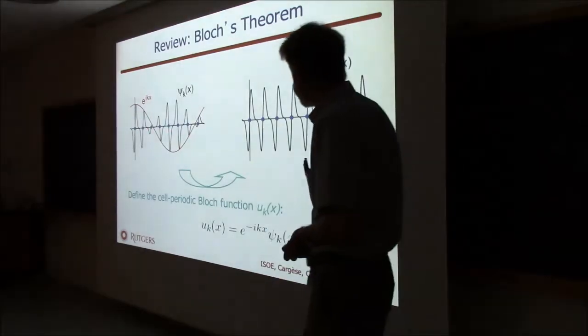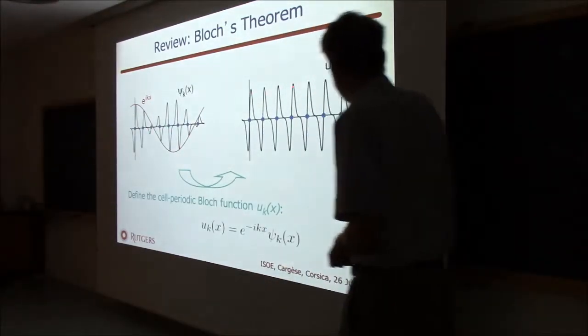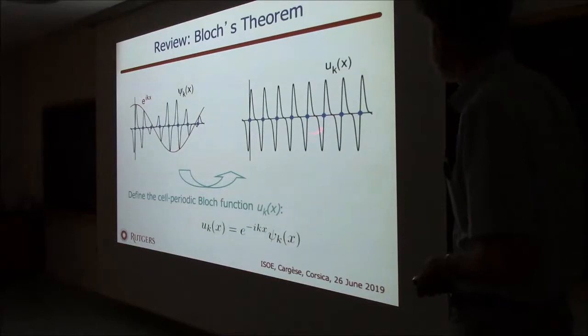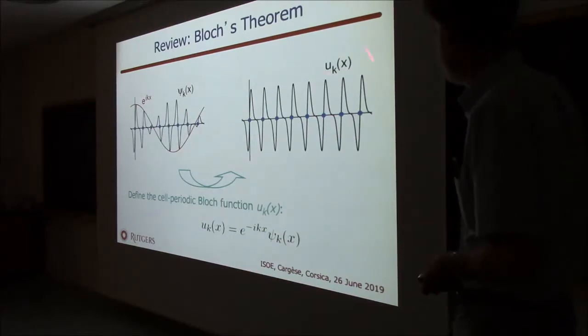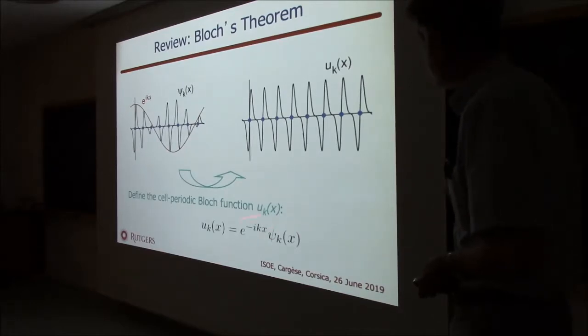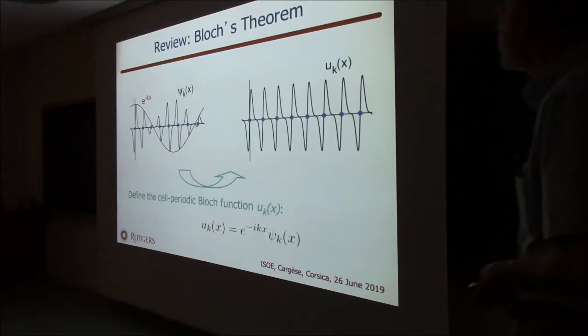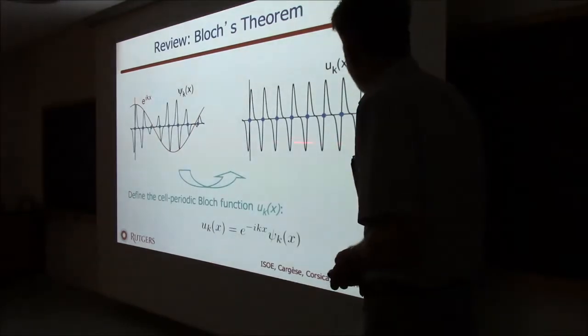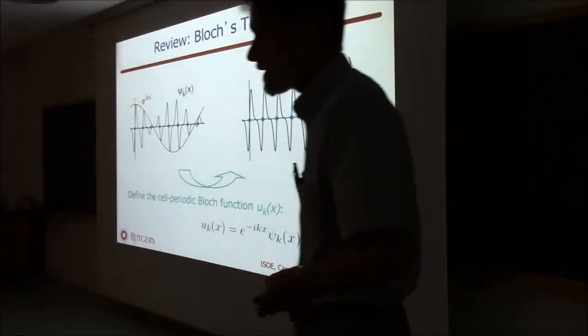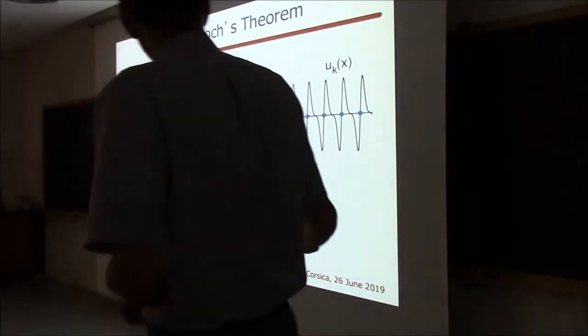But we can think of this as the envelope function times something which is periodic. It looks like this. This is called the cell periodic Bloch function. So the cell periodic Bloch function is the Bloch function with this e to the ikx factored out. So I pre-multiply by e to the minus ikx. So this u_k(x) is what we call the cell periodic Bloch function. It's more convenient.